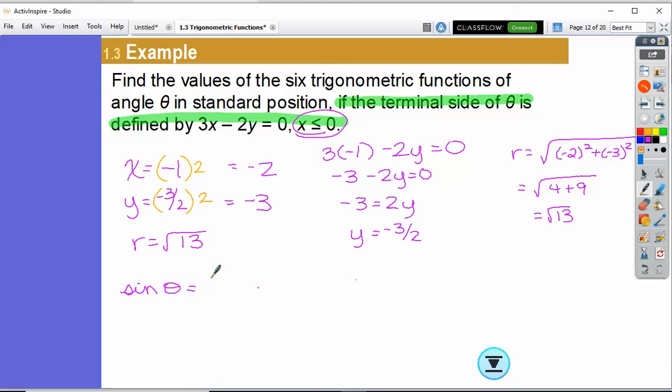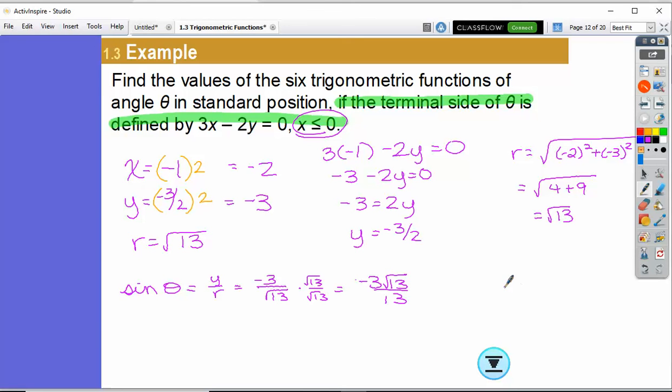Sine is y over r, so -3 over radical 13. But can we leave a radical in the bottom? Nope. So what would I do to get rid of that? Multiply by radical 13 on top and bottom. We get -3 radical 13 over 13.